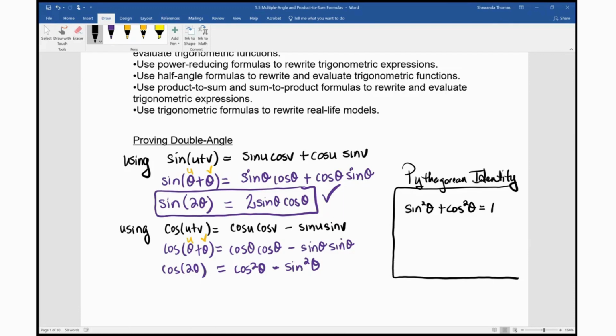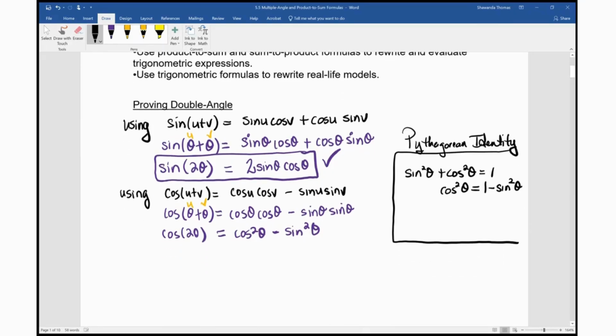So, for example, let's say we solve for cosine squared theta. I'm going to get cosine squared theta on one side by itself. Then that must mean that it equals 1 minus sine squared theta. So if I want to make a substitution here, I can. I know that cosine squared theta is the same as 1 minus sine squared theta.